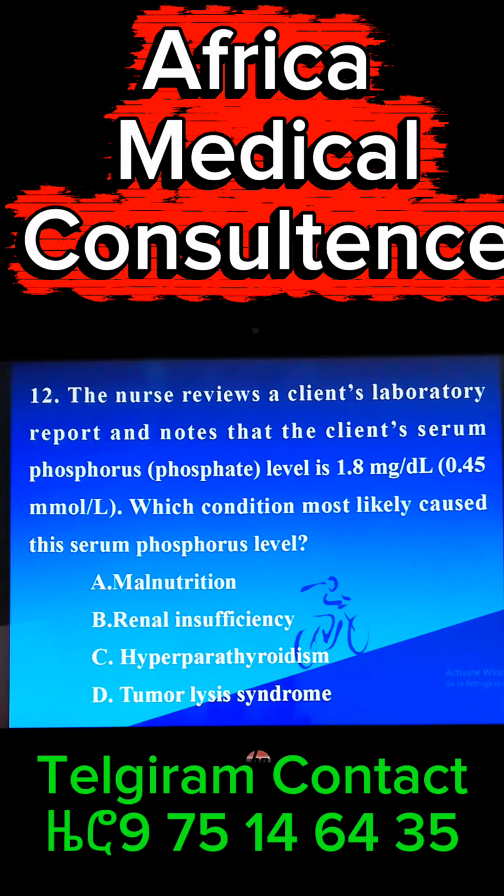Question number 12. The nurse reviews a client laboratory report and notes the client serum phosphorus or phosphate level is 1.8 milligram per deciliter or 0.45 millimole per liter. Which condition most likely causes this serum phosphorus level?